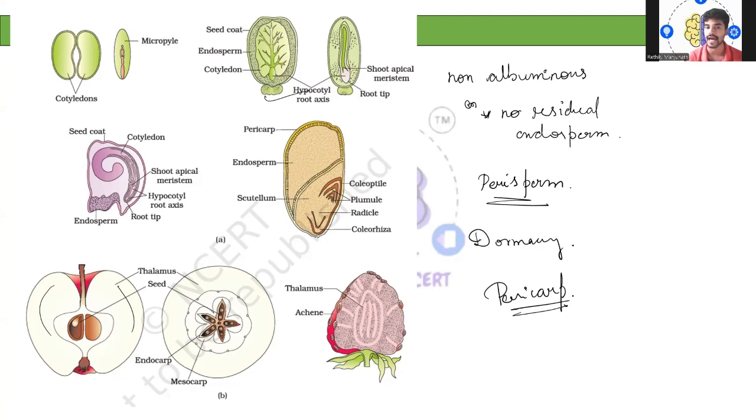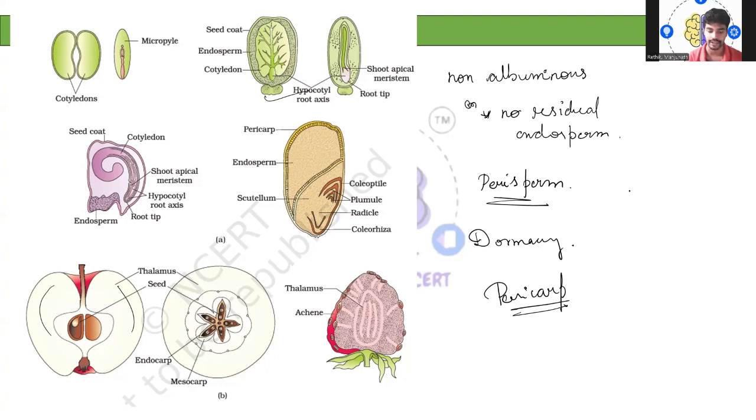Like in apple, orange, mango, you will observe a fleshy region which normally we eat. That is the pericarp. So many fruits have evolved this mechanism for dispersal of the seeds. So this is one thing.